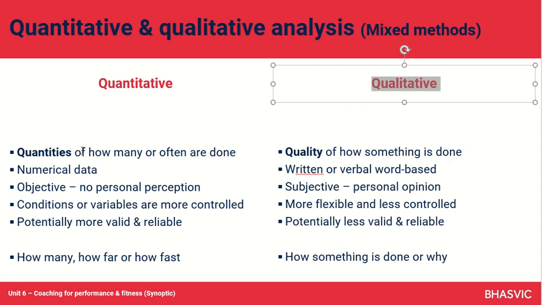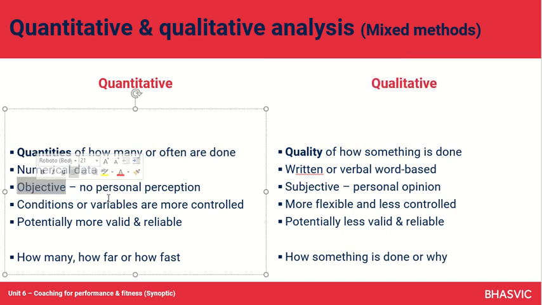If you did an agility test or a speed test or something which gets you numerical data and it's objective, it's not about your own opinion. Did they pass the line in 3 seconds or 5 seconds? That's objective data.